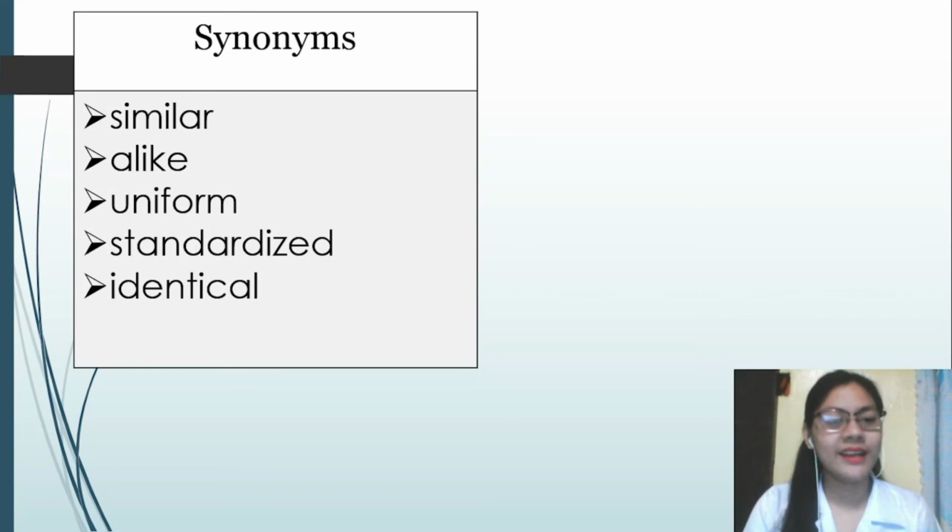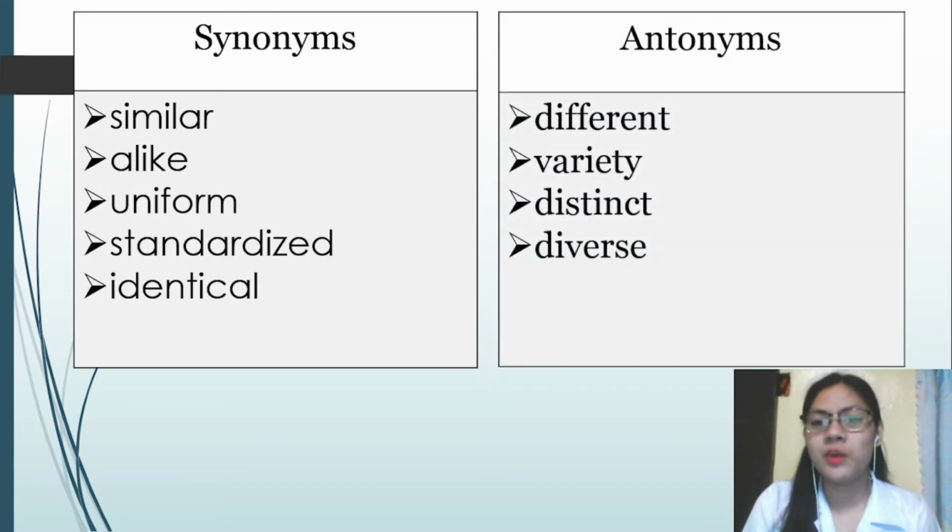You answered identical earlier, which means that is correct. You did a good job. For the antonyms, we have different, variety, distinct, and diverse, because antonyms mean the exact opposite of the meaning of another word.